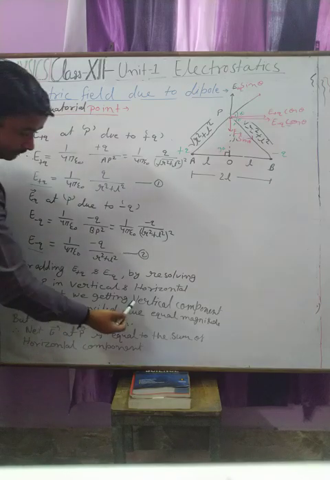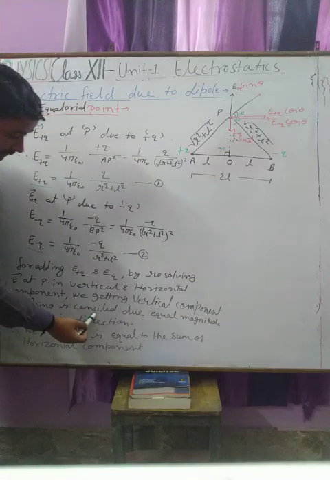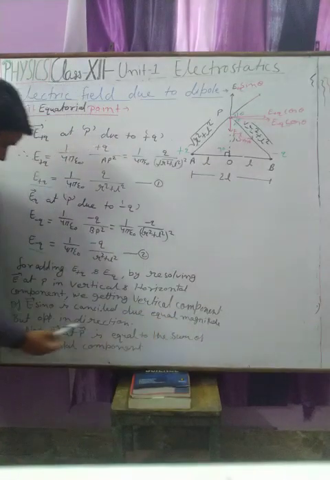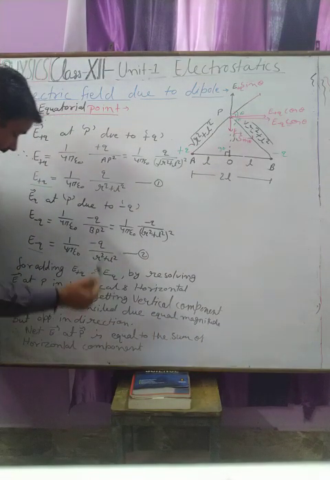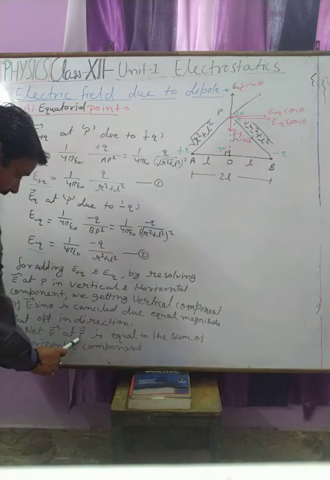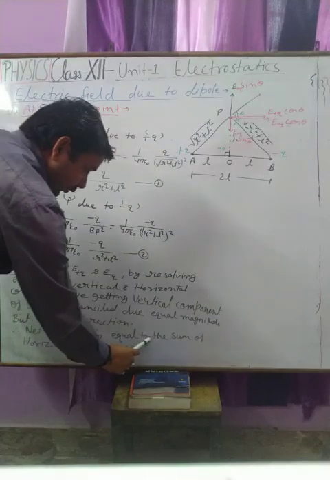The vertical component of electric field E sin theta is cancelled due to equal magnitude but opposite direction.